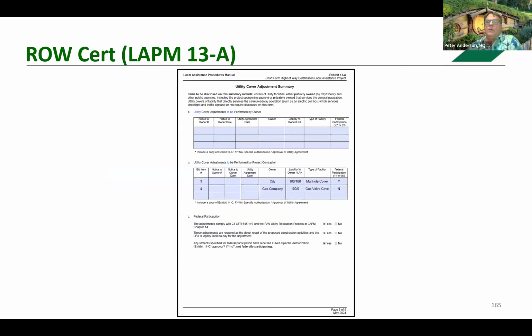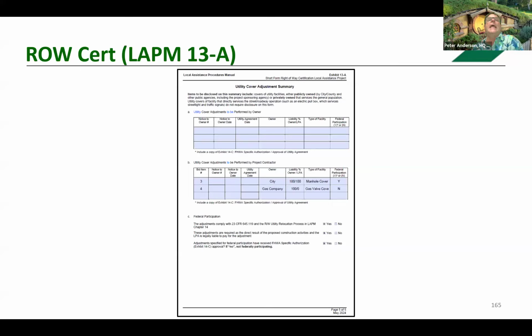Since we're dealing with utility cover adjustments, the utility cover adjustment summary needs to be completed as part of the right-of-way cert. The utilities need to be segregated by those to be adjusted by the utility owner and those adjusted by the construction contractor.